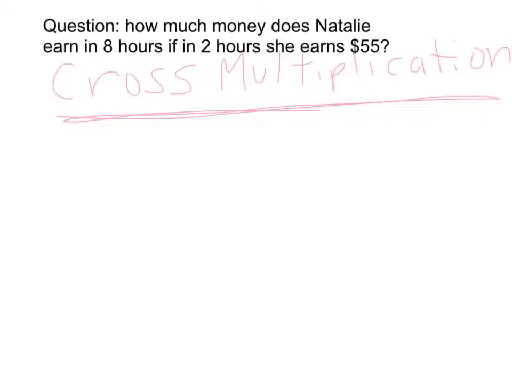The first step is to multiply 55, or the number above the x, by the number beside x.